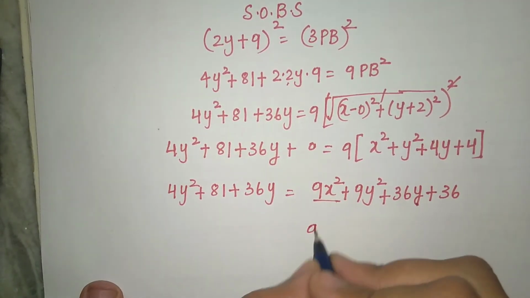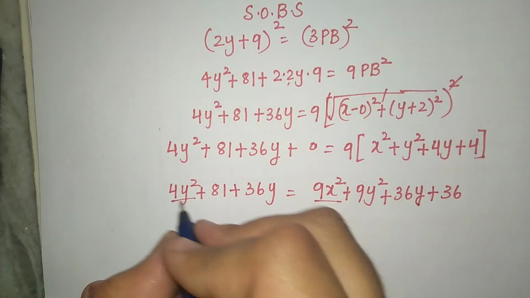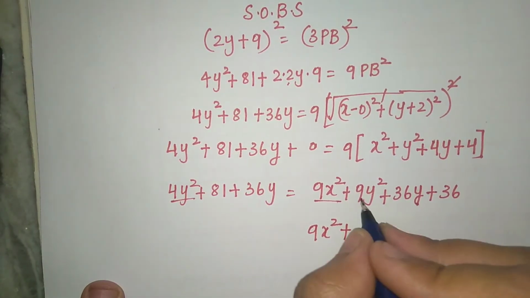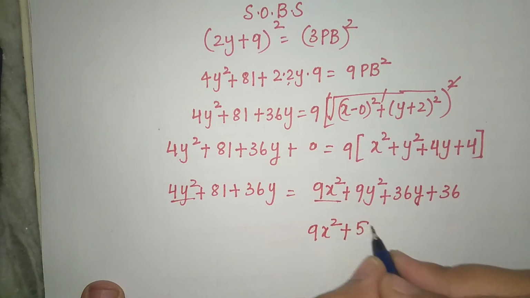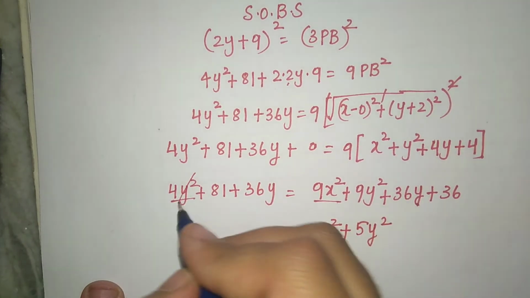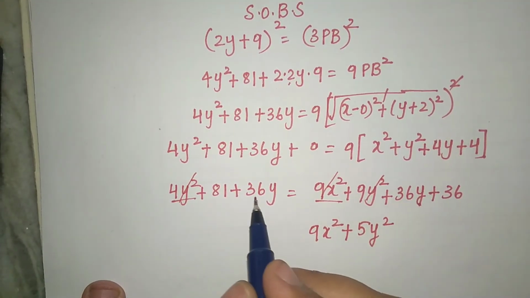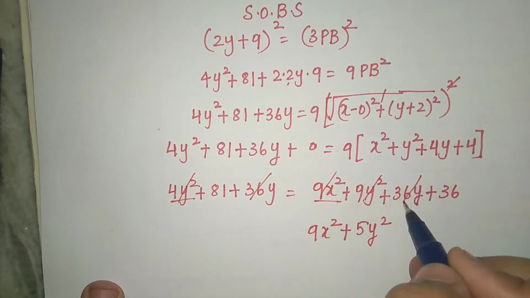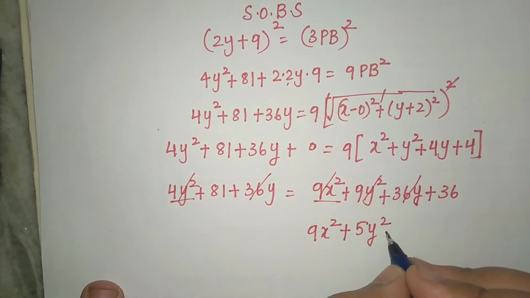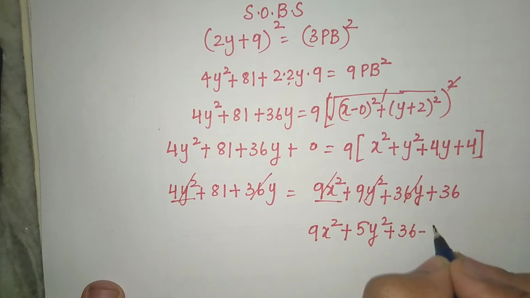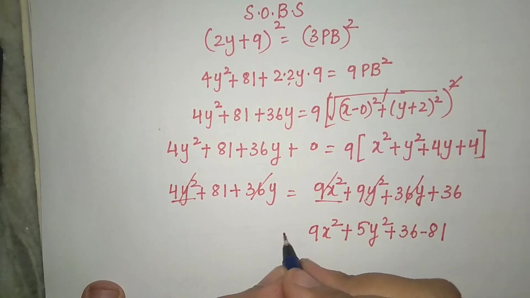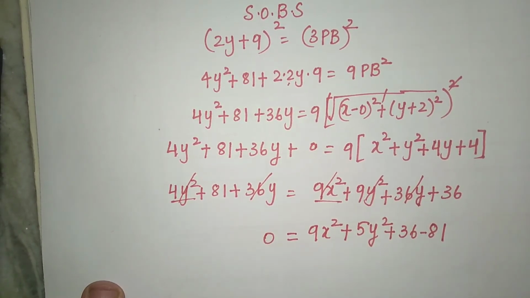9x square, keep this side only, send 4y square towards this side, then we will have 9 minus 4, 5y square. These are all cancelled now. Still we have 36y will get cancelled. We have 36 minus 81 is equal to 0.